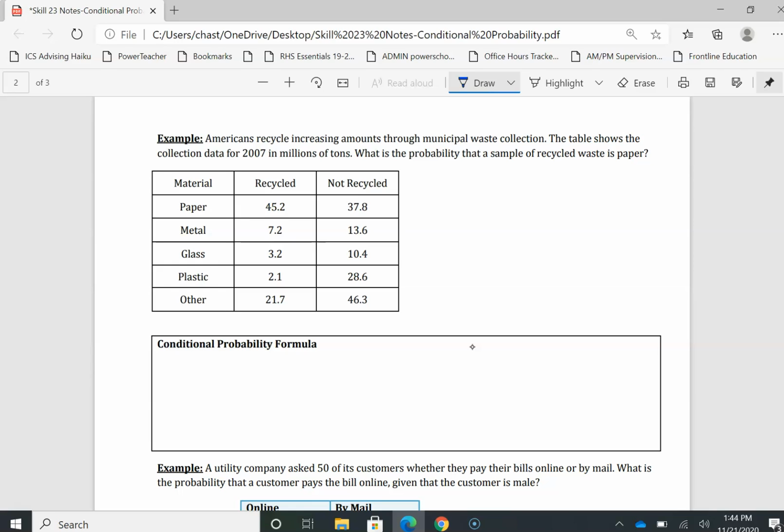So we're looking for the probability that we had paper given that we were talking about something that was recycled. So we first need to figure out, how much paper was recycled? Well, that's this 45.2. And we need to divide that by all of what we had recycled.